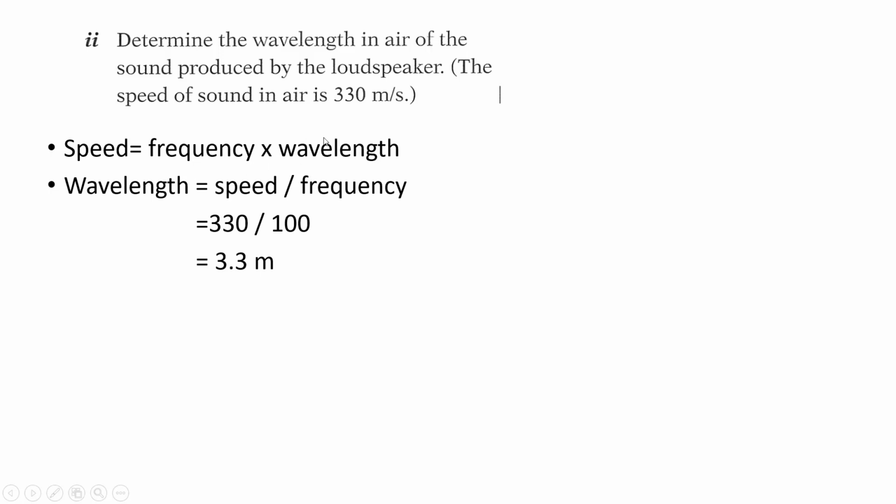Now we can just rearrange the formula: wavelength equals speed over frequency. The speed is already given here, it's 330. You will divide it by 100, which is the frequency. You will get 3.3 meters. It's the wavelength of the sound wave.